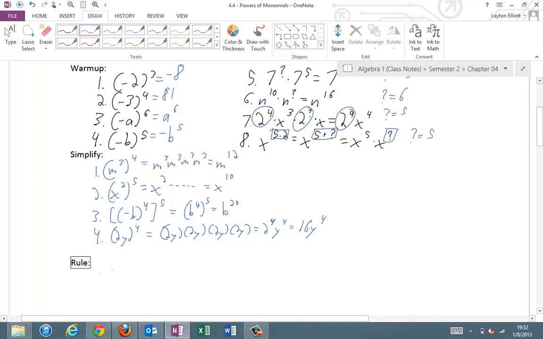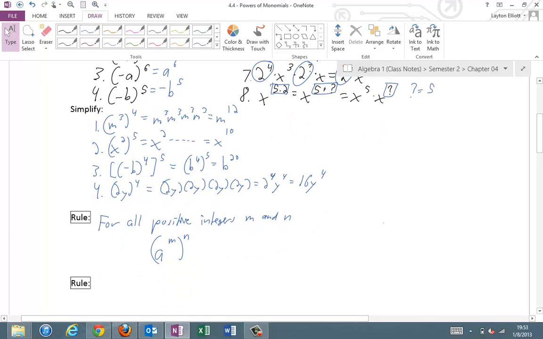So the rule is, for all positive integers m and n, a base a raised to the m power and then raised to the n power, so it's raised to 2 powers, and I call this power of powers. Something raised and then raised again.